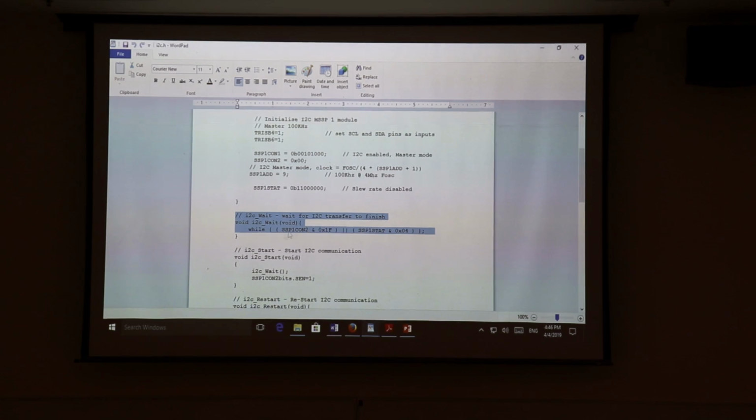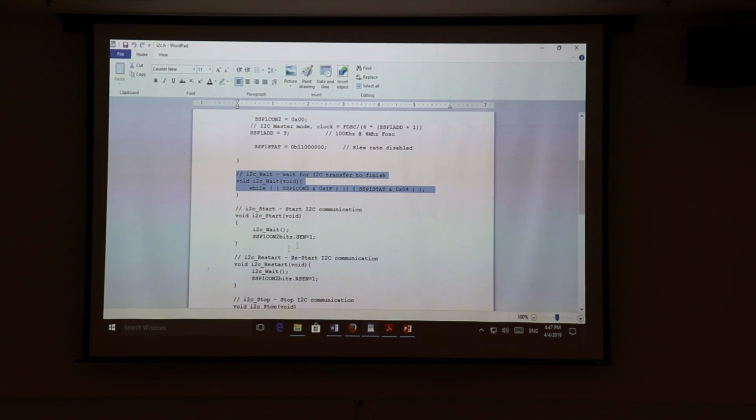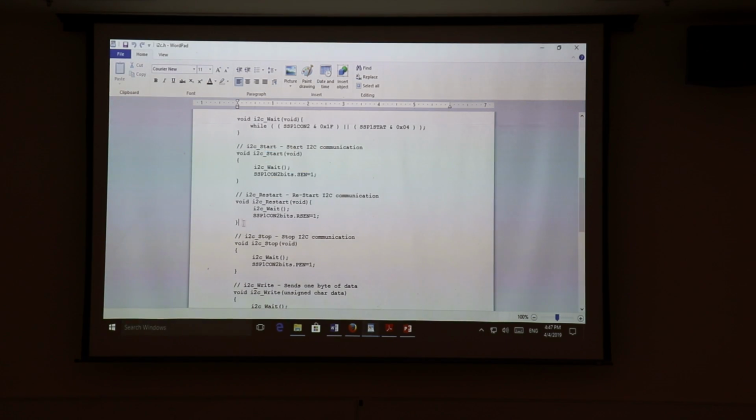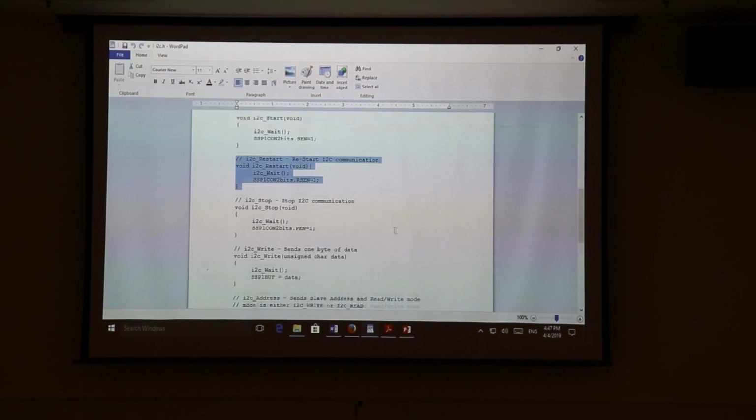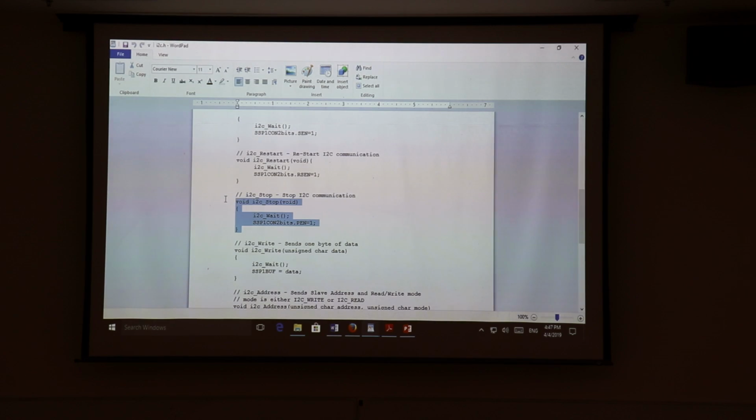So we make sure that these control bits within these configuration and stat registers are set correctly for the next read or write to occur. And then here's where we send a start bit. This is the code for that. And here's where we send a restart bit. There's the code for that. And here's where we send a stop bit.